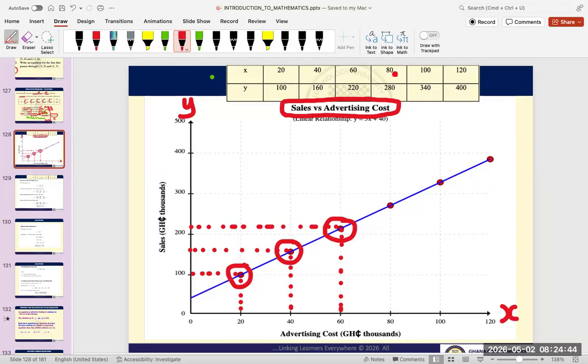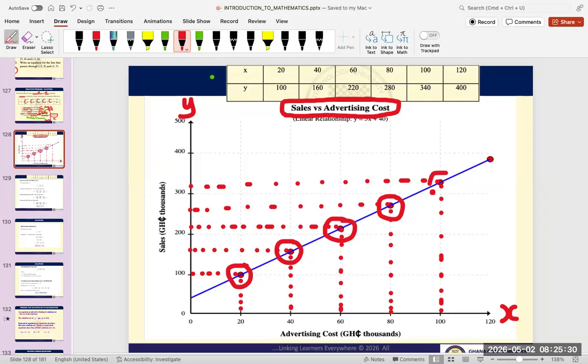Fourth point, when x is 80, y is 280. So you mark it out, and this becomes your fourth point. Then when x is 100, y is 340.